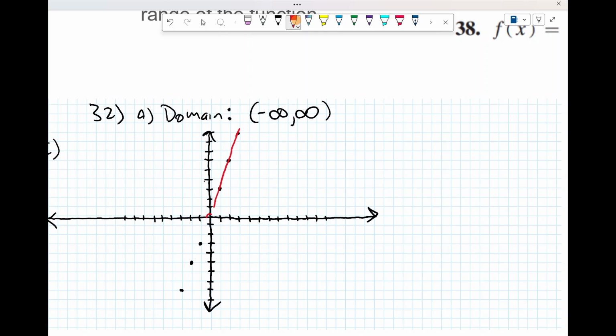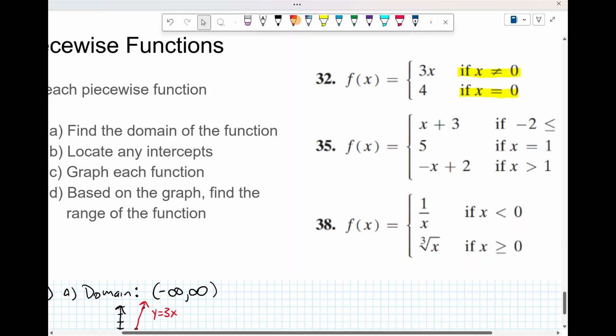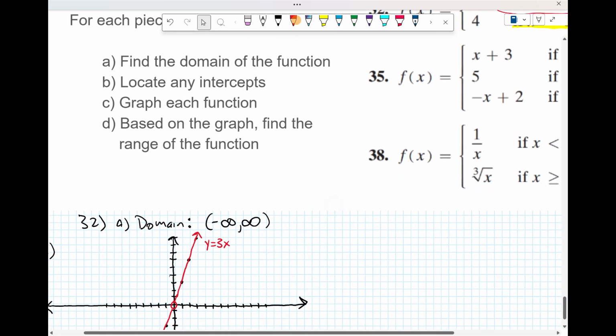But I don't want to include that origin, so I'm going to put an open circle right there. And I'm going to draw my graph of y equals 3x. And the only difference in my graph is I put an open circle where x is equal to 0. Because remember, it is only equal to 3x in all the points except for where x is equal to 0.